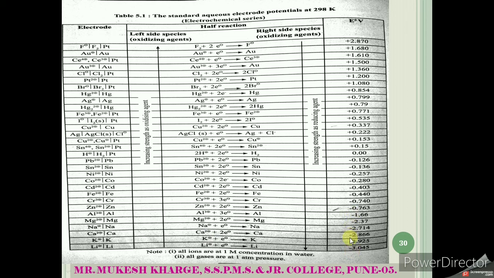So we will observe here. Metals like lithium, potassium, magnesium, sodium are good reducing agents. They themselves undergo oxidation and reduce other substances. But non-metals, fluorine, chlorine, bromine, have a tendency to undergo reduction themselves and they oxidize other substances.